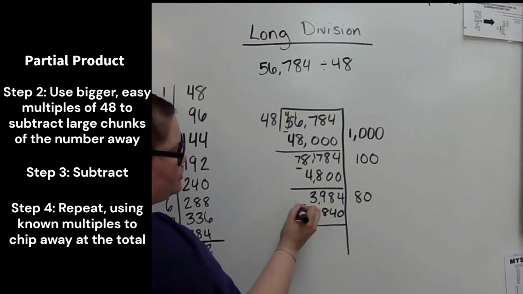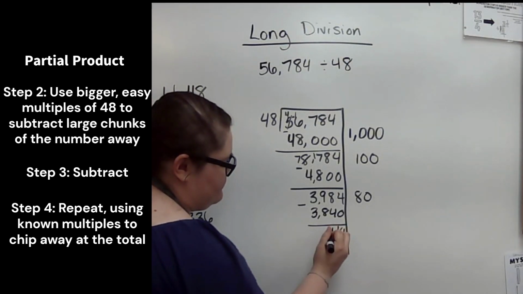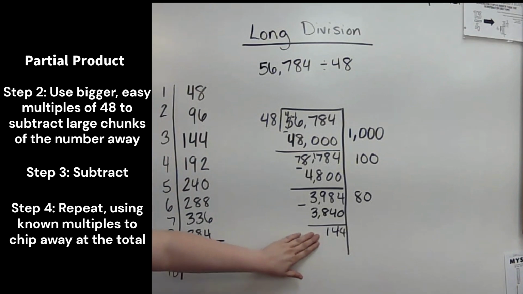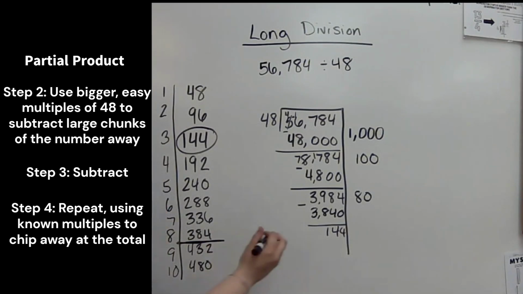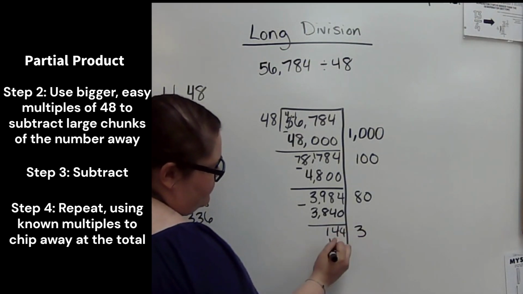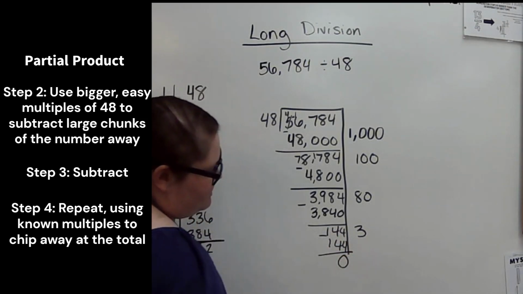Now I'm going to subtract over here. And now I'm only left with 144. So going back to my multiples list, I know 144 is here, and that's 3 times. So I'm going to write a 3 off to the side and subtract, leaving me with 0.